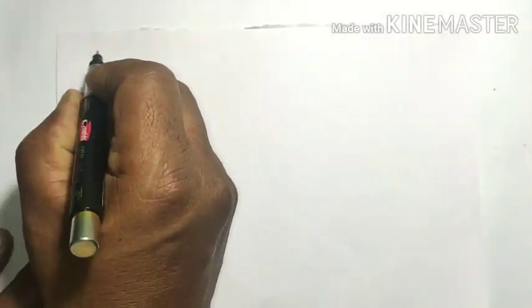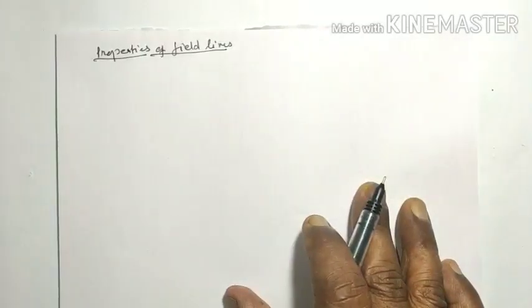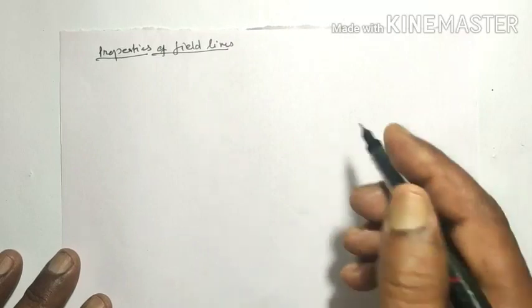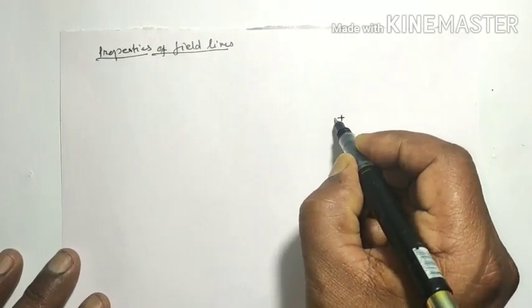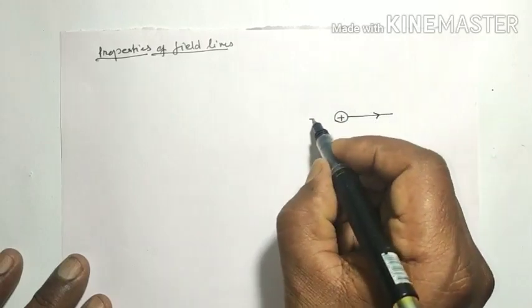So let us discuss some properties. Properties of field lines. Field lines start from positive charges and end at negative charges. Like this, this is a positive charge, and the field line starts from this.